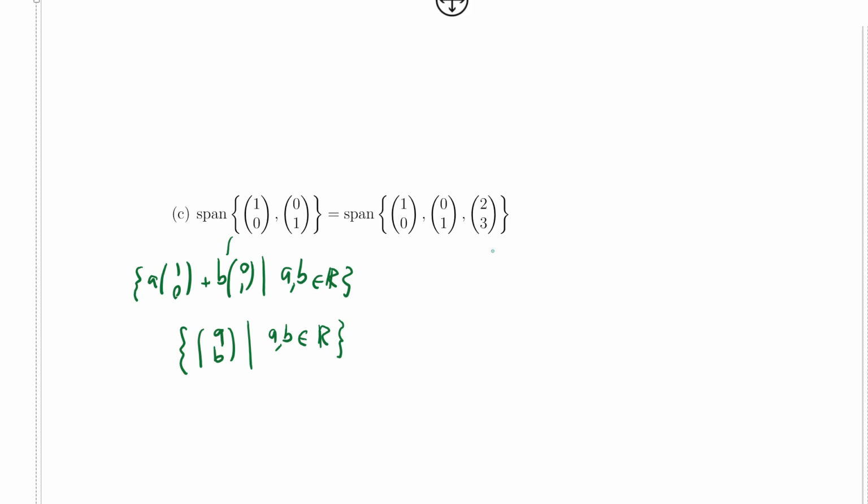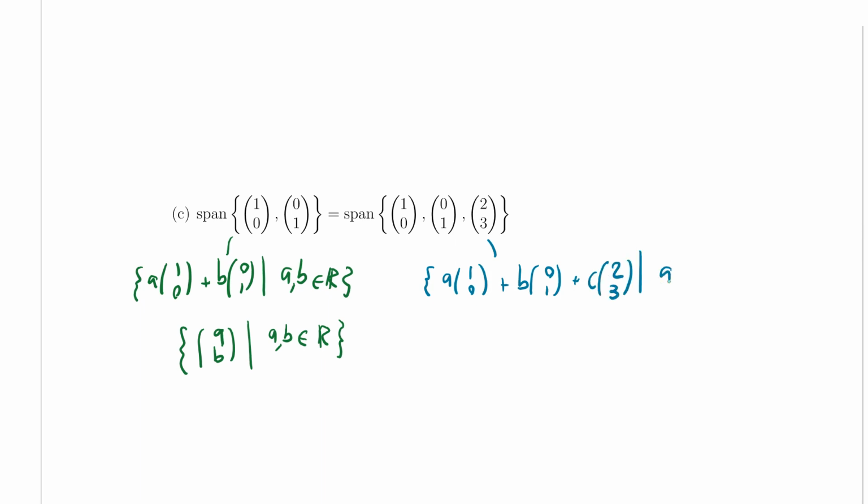How about my right hand side? This is the set of all vectors of the form a times (1, 0) plus b times (0, 1) plus c times (2, 3), where a, b, c can be any real numbers.